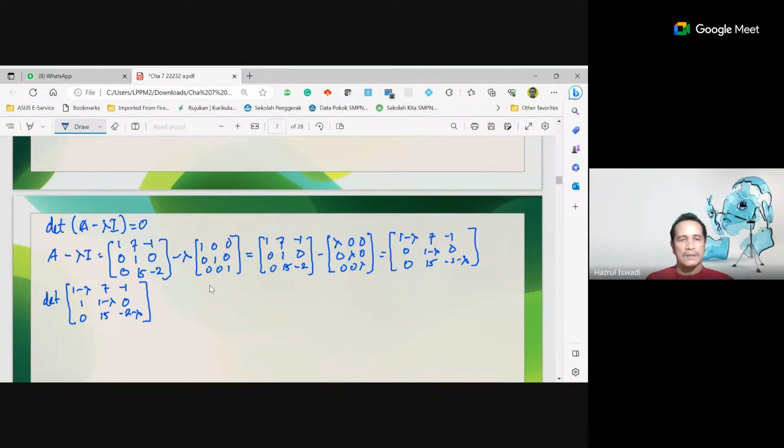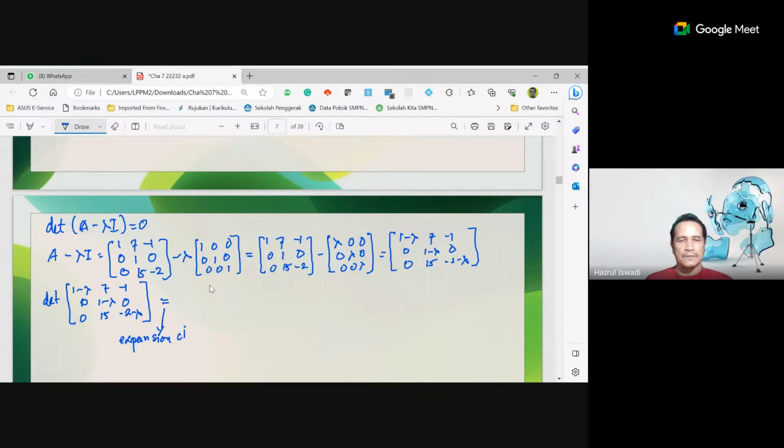We know that the determinant can be found by what we call expansion of a column or a row by minor cofactors. So we use the expansion along the first column.